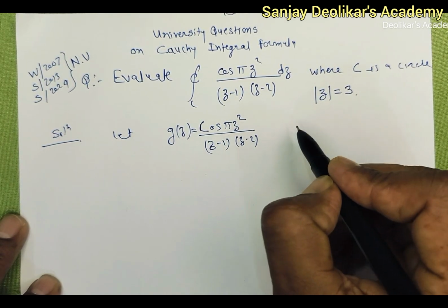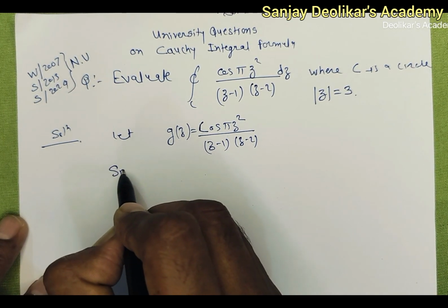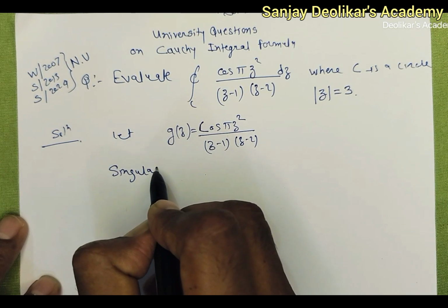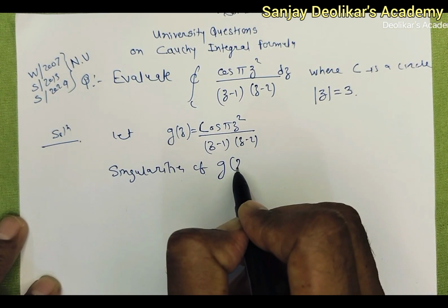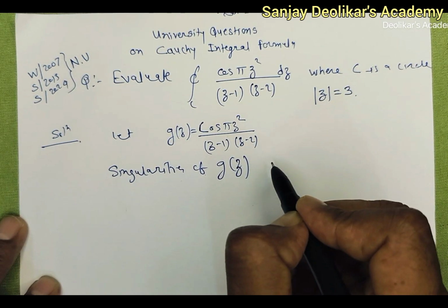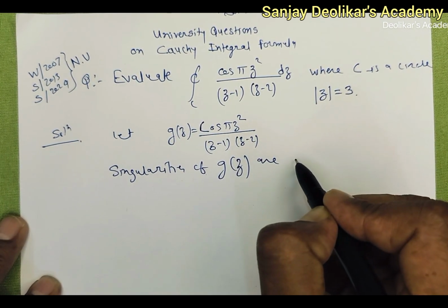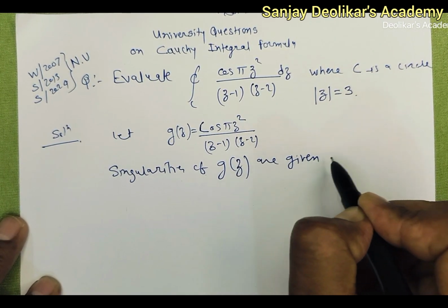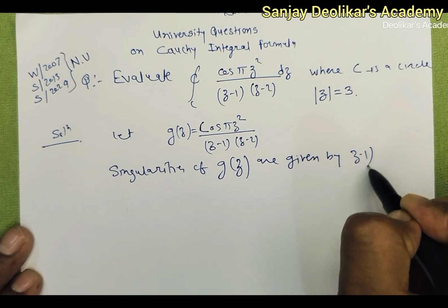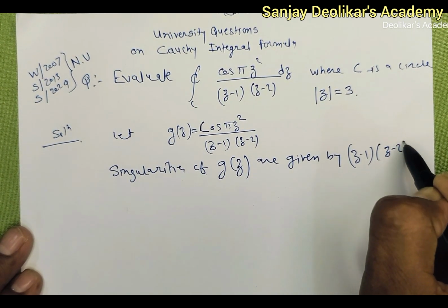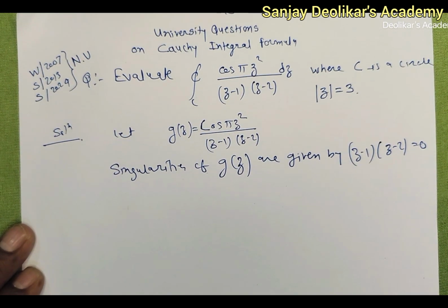Singularities of g of z are given by z minus 1 and z minus 2 equal to 0.